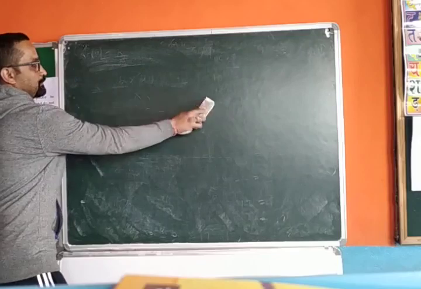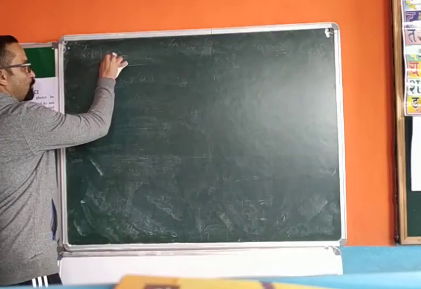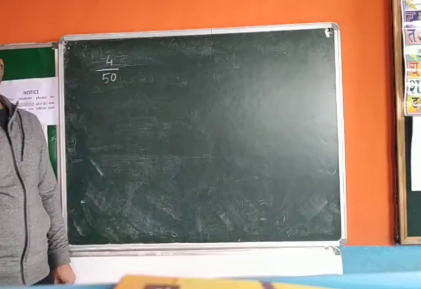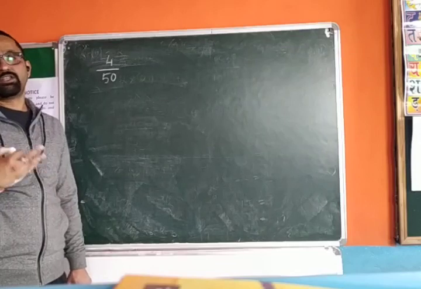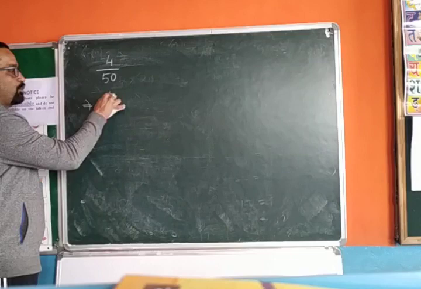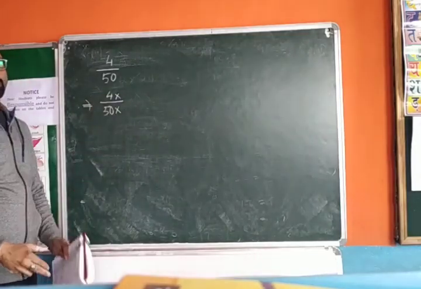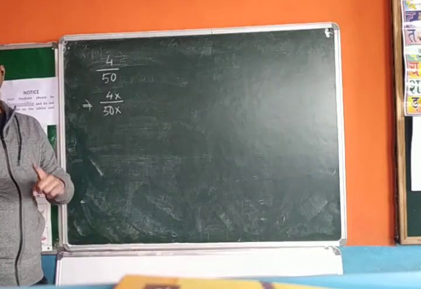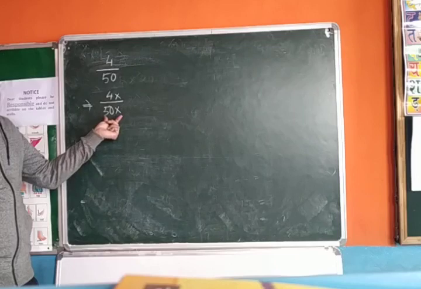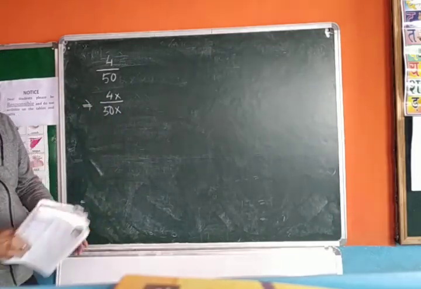Second example, suppose you have 4 upon 50. Look at the denominator, you do not have 10, neither do you have 100. So you write 4 upon 50. Multiply both numerator and denominator by a suitable number such that the denominator changes to 10 or 100 or 1000.